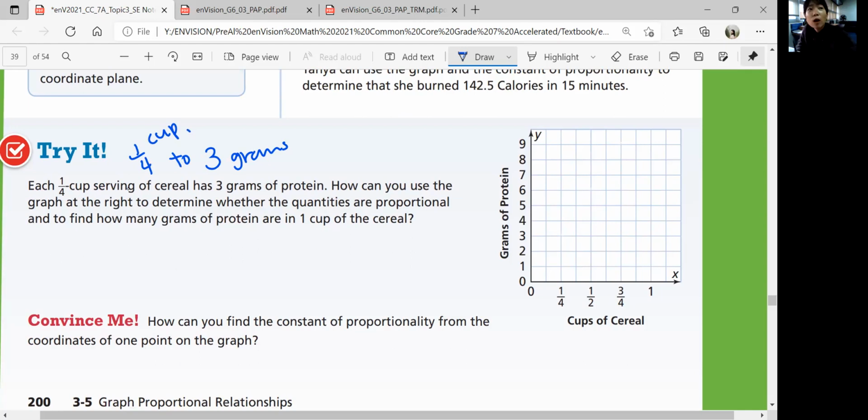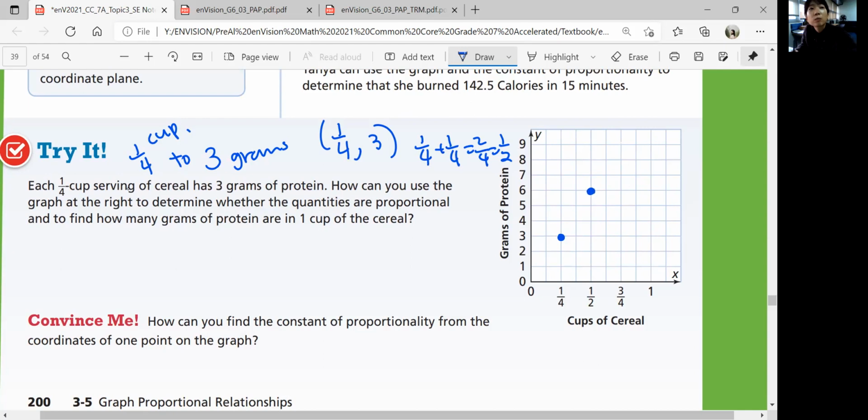So then 1/4, 3 would be our first point. Which means another 1/4, you get another 3 grams, another 1/4 cup. So 1/4 plus 1/4 is 2/4, which is 1/2. So another 1/4 and go up 3 units.